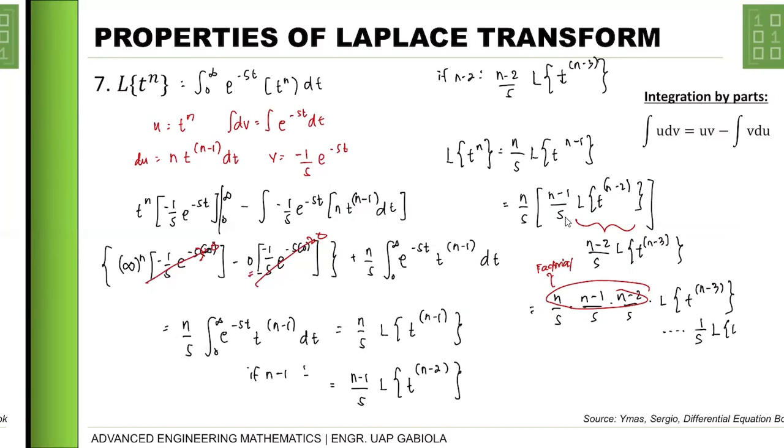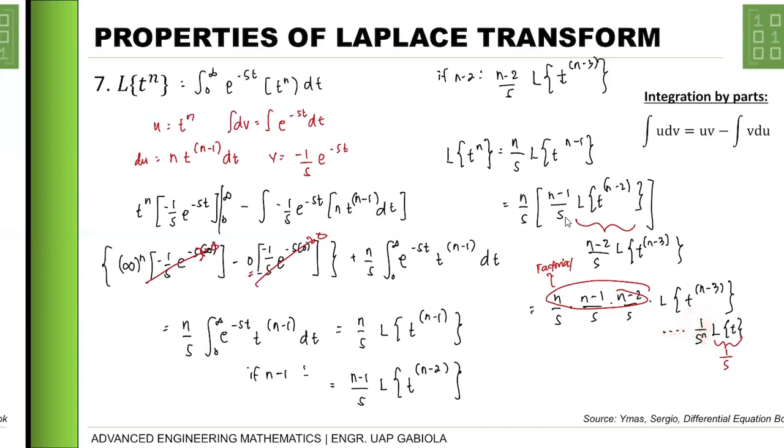So, pwede natin sabihin ngayon na yung L of t natin, nakuha natin kanina na equal siya sa 1 over s. Okay? So, itong 1 over s natin na to, itong nasa ilalim, is magiging siyang n. Ibig sabihin kung ilang beses tayo nag-multiply, no? Dito. So, di ba to? S times s times s. So, s cubed na siya. So, kapag tinuloy natin hanggang maging 1 na lang siya, magiging n na lang siya.